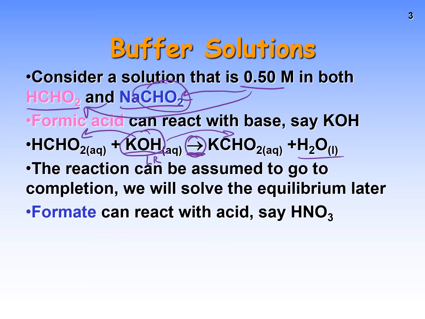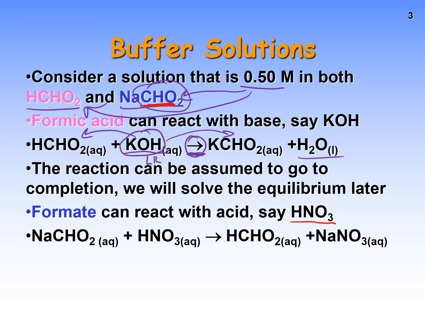The formate, the CHO2, can actually react with an acid, right? So let's use a strong acid, let's say nitric. This again, one-way arrow. This is not an equilibrium reaction, it's neutralization. Neutralization reactions go to completion.